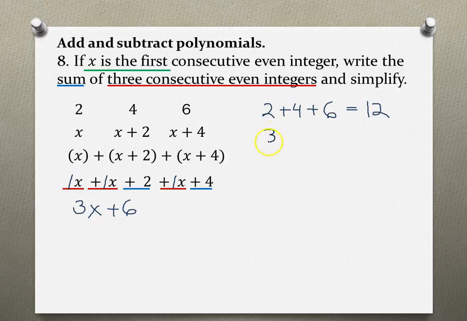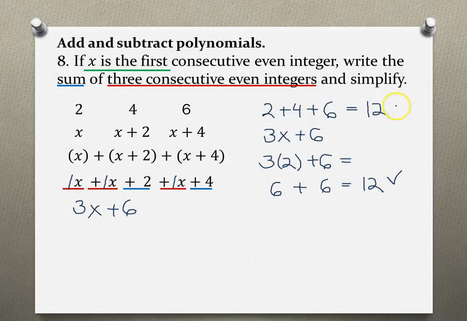Now, using our expression that we have come up with, and x we said was 2, so plugging in 2 for x, we should get 12. So let's see, 3 times 2 is 6, and 6 plus 6 is indeed 12. So this is just a little way to check if you got the right answer in case you are not sure.